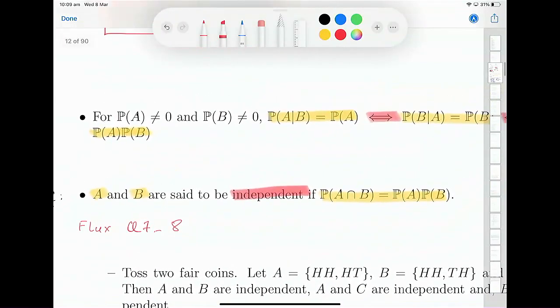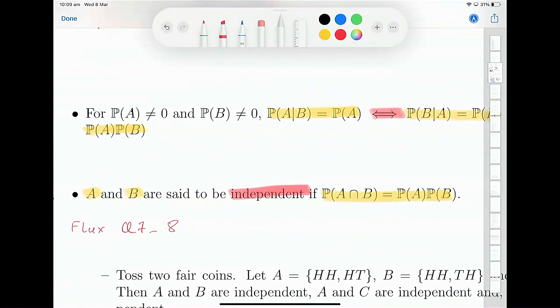For question 7, can we say that A and B are independent if and only if A and B are disjoint? Is this true or false?